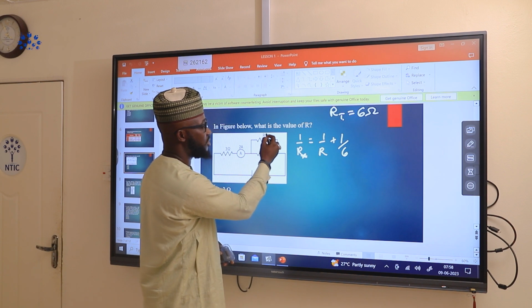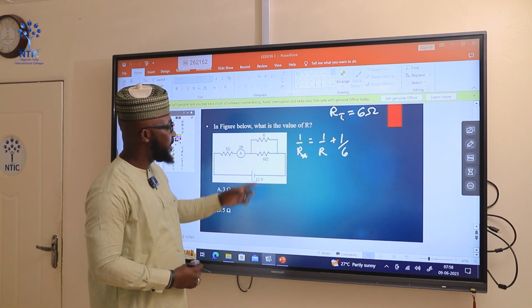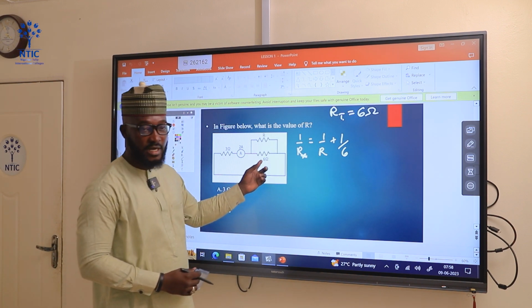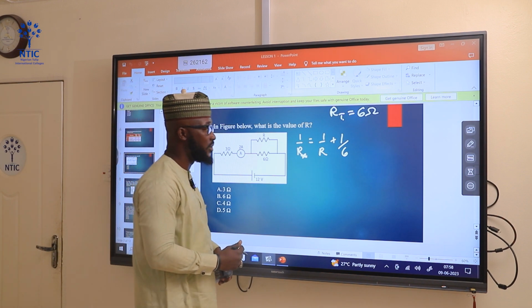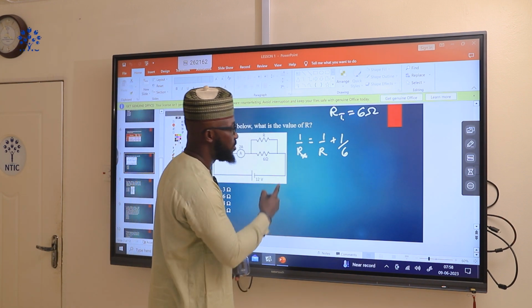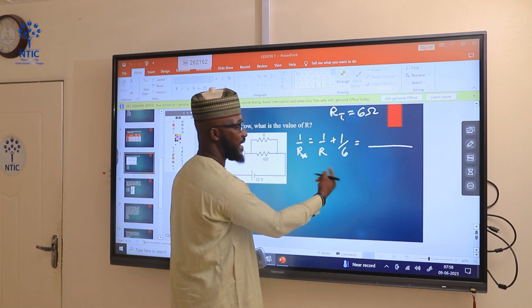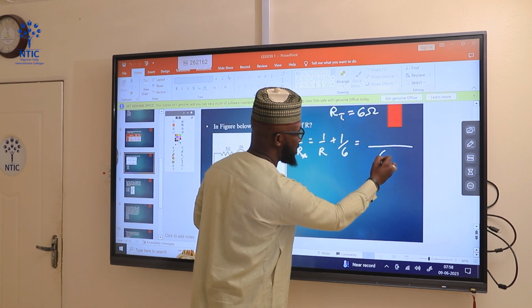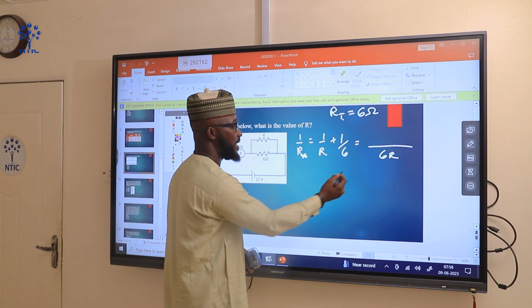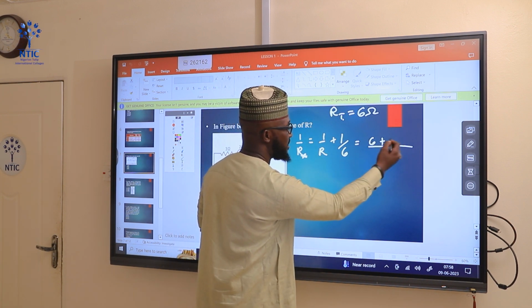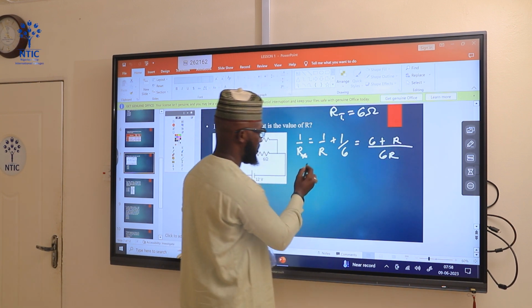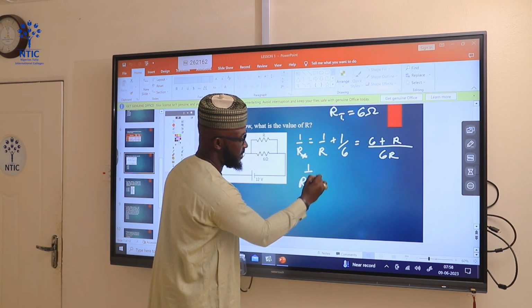Rx, the equivalent resistance, is what we are looking for. R here is the unknown resistance, and 6 is the resistance of this resistor. So from here, we can look for the LCM of R and 6, which will give us 6R. R into that, we have 6, and on the other side, we have R. Remember, we have Rx on this side.